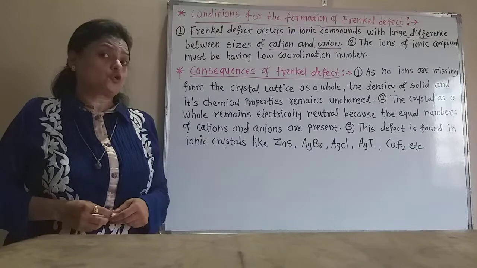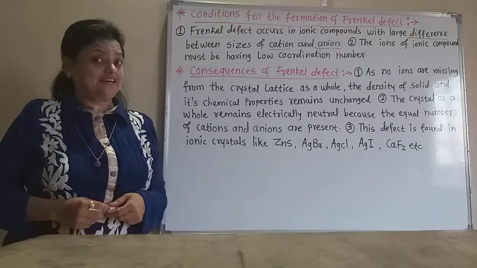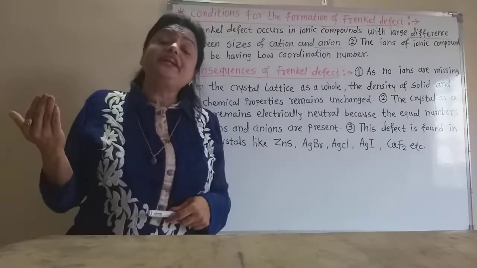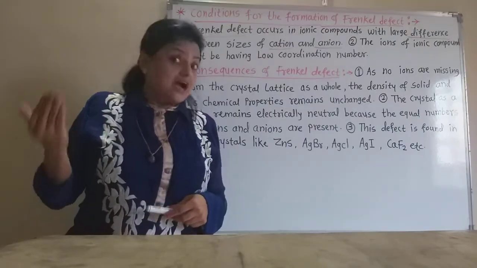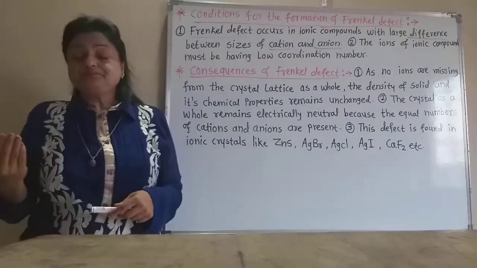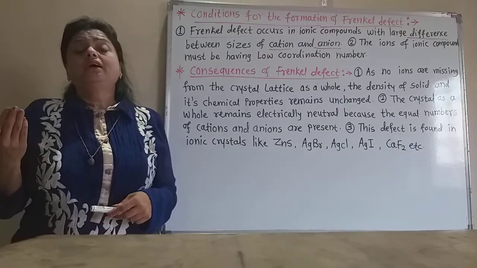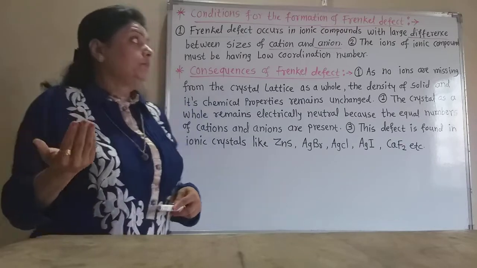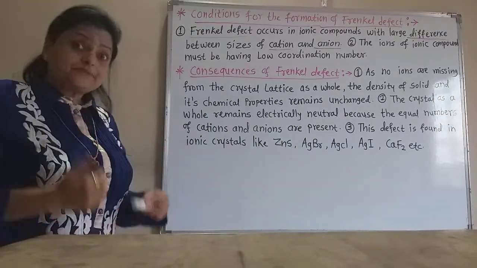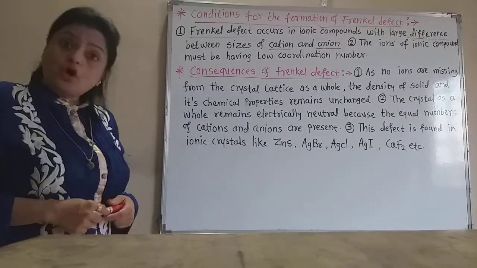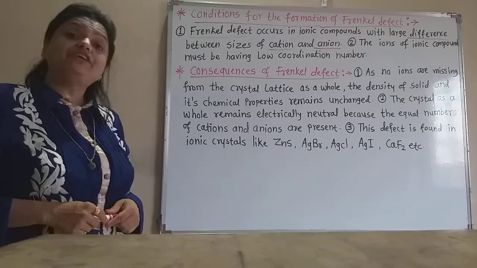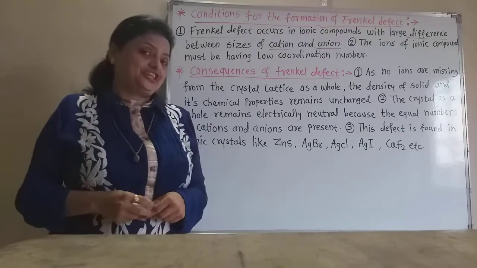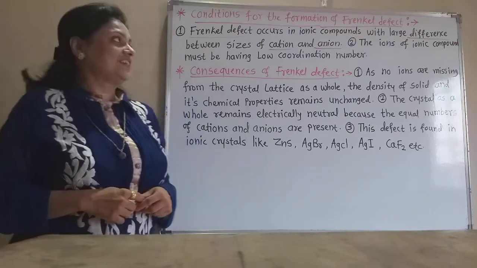In the Schottky defect, we learned the second condition is that the coordination number of the ions is always high. But here, in the Frenkel defect, the ions of the ionic compound must have a low or small coordination number. This is another condition.